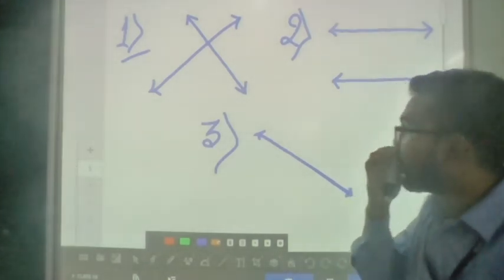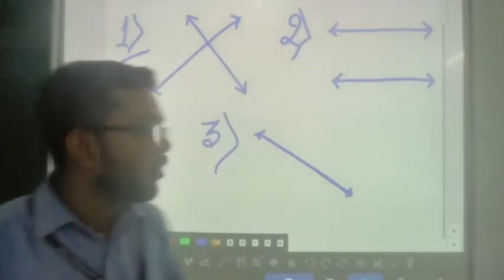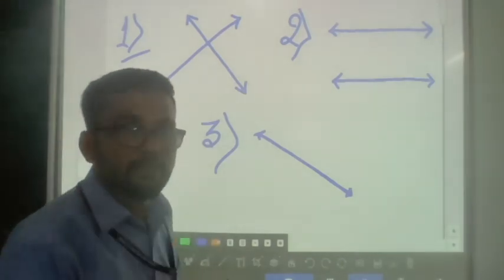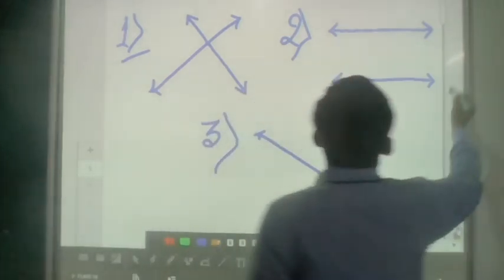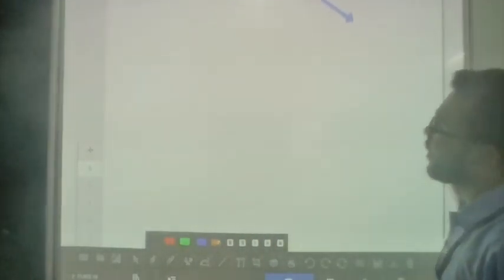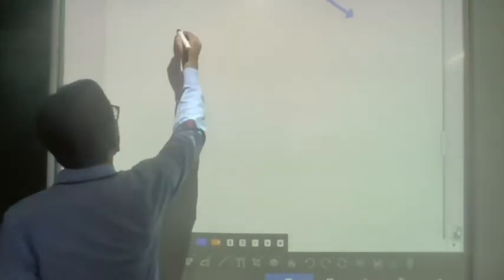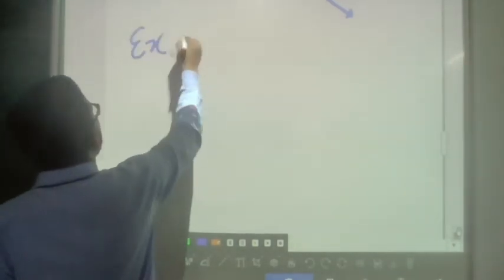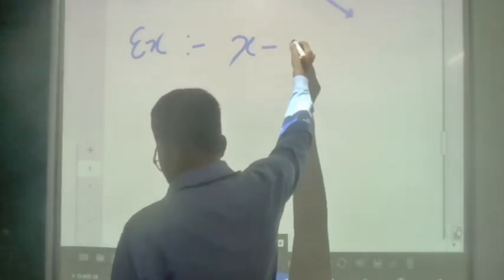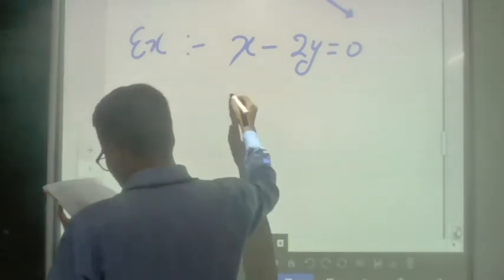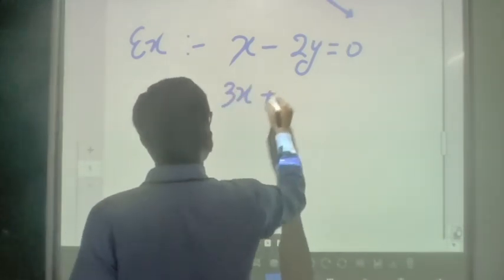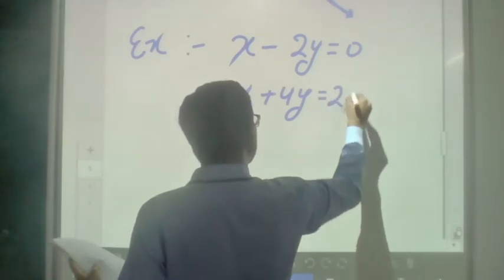Now, how do we draw a graph? The very important thing is how we draw a graph. As you know, we already learned in class 9 how to draw a graph. Let us take an example: x minus 2y is equal to 0, and another equation 3x plus 4y is equal to 20.